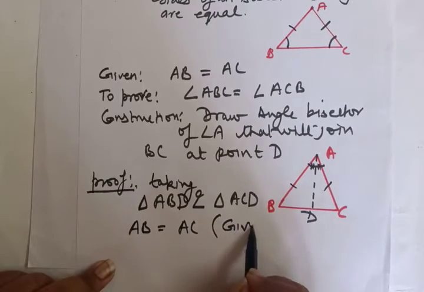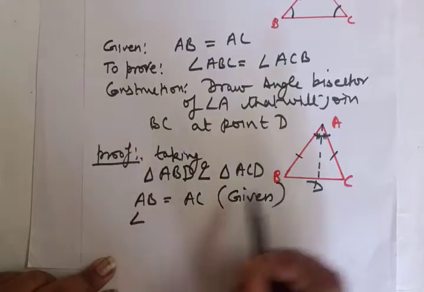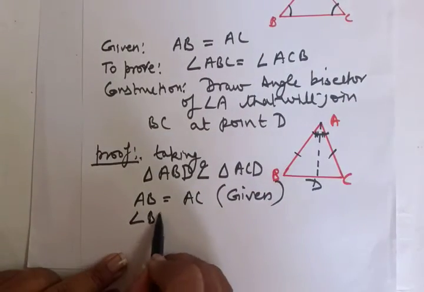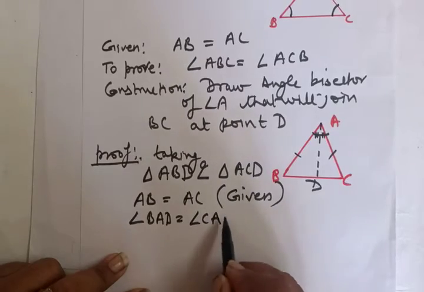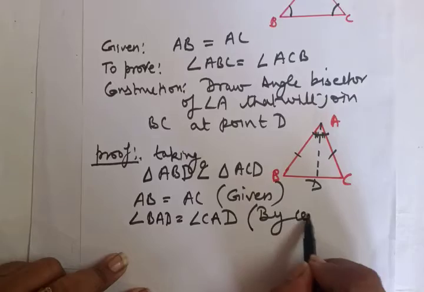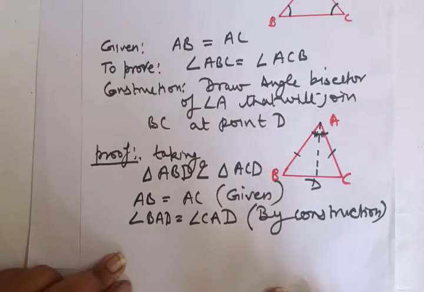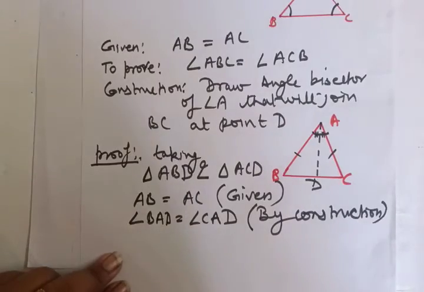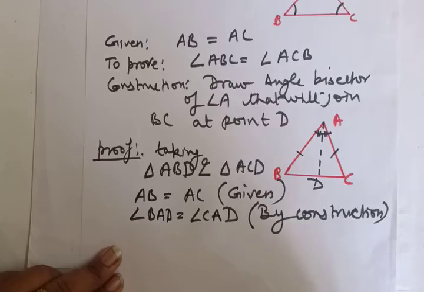That is given. Now angle BAD is equal to angle CAD. How? Again by construction. All these reasons are worth half marks. And I am going to tell you one tip also after proving this question.